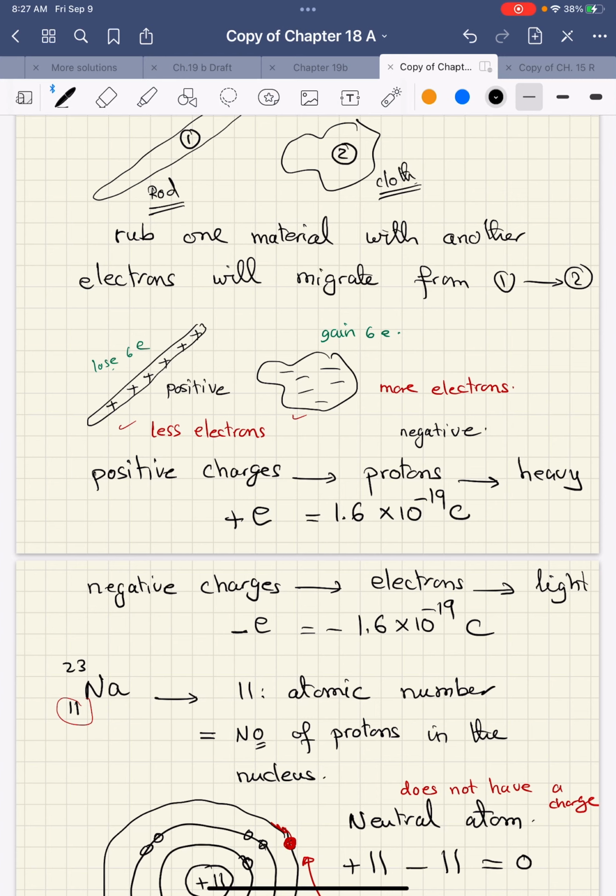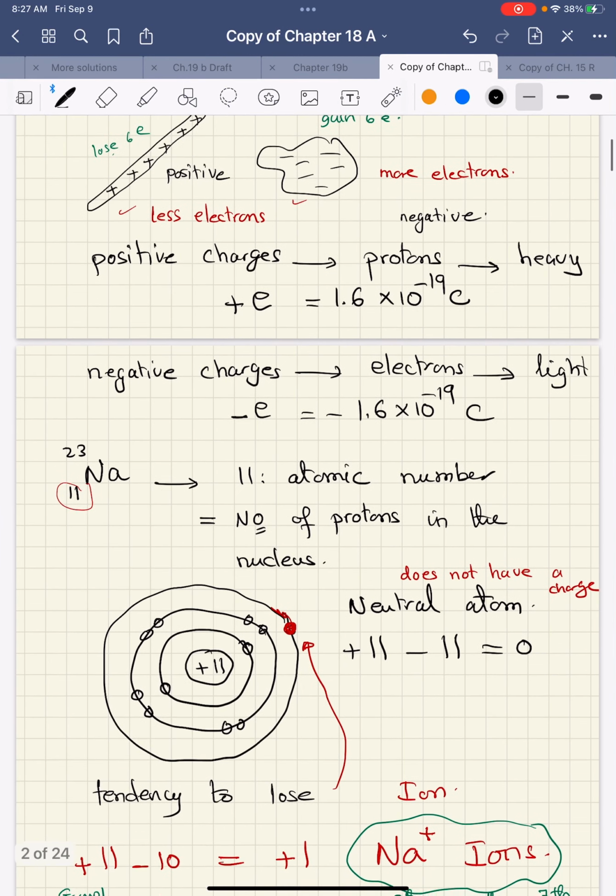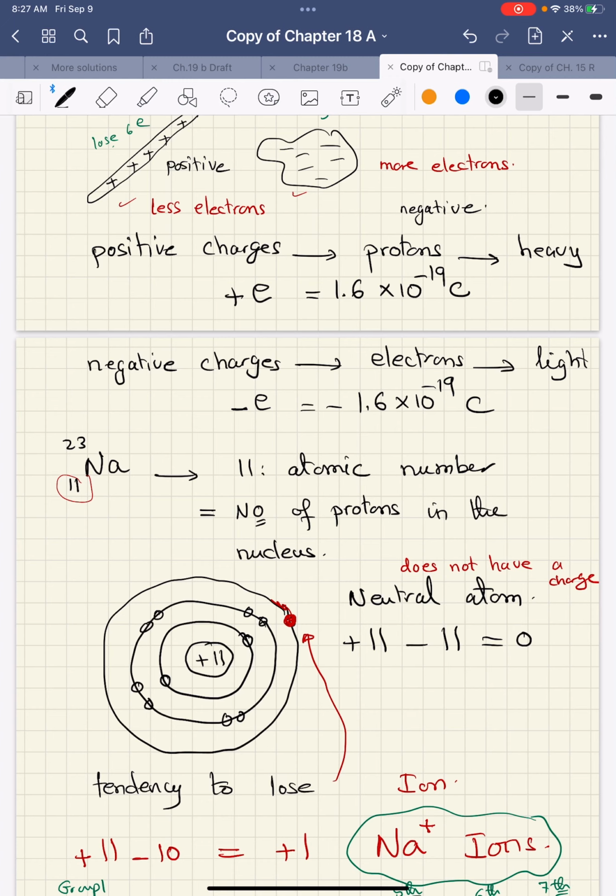Now, if I talk about a specific element, for example Na, it has an atomic number, and this number is the number of protons in the nucleus.